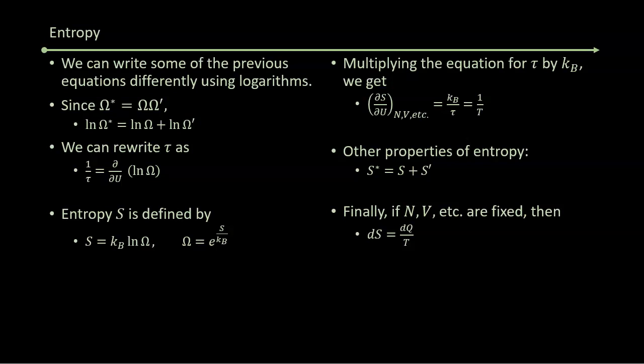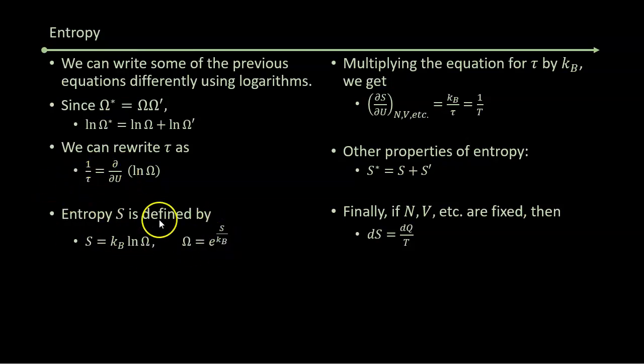of microstates. Now, if we do that, then one of the things we get out of this is that we can raise both sides to e, and we get the number of microstates is e to the entropy divided by the Boltzmann constant.